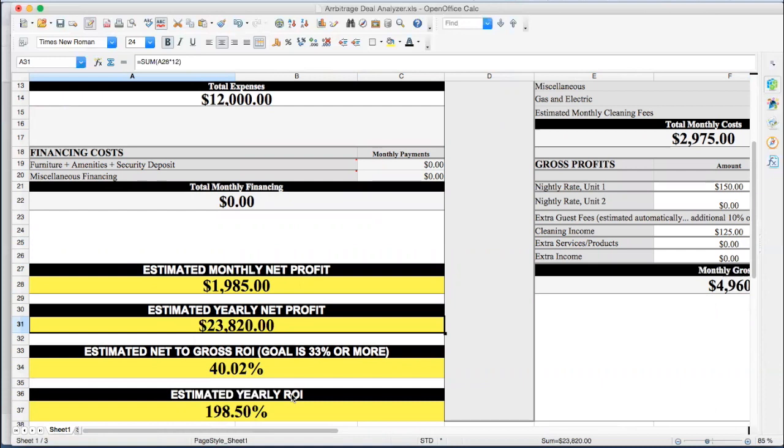And these two are really important right here, because our estimated net to gross ROI, which a lot of people ask me, well, what's the importance of this? This shows your risk. If you are over 33%, which this is, you have a very low risk deal, because that basically means that you are making your money back.